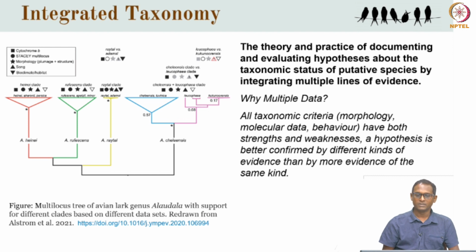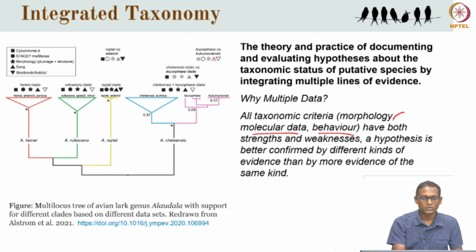Increasingly, what people suggest is that you need to have multiple types of data. That could be morphology, it can be molecular data, and it can be behavior, for example, vocal behavior, vocalization itself. And this is a great example of larks by Alstrom and group.